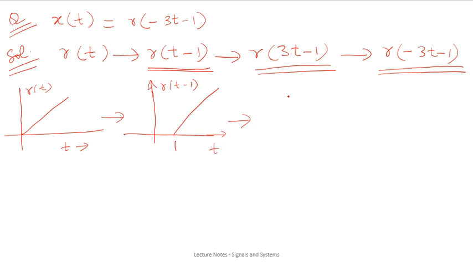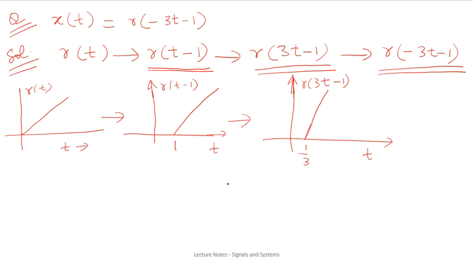Then you have to obtain r(3t - 1). So you just have to start from 1 by 3, so that will be something like this. The slope will increase. This will be r(3t - 1) and this will be 1 by 3.